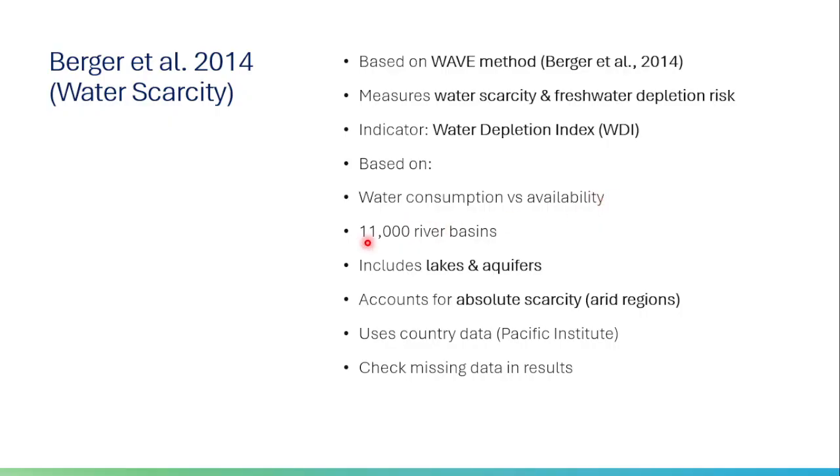It covers over 11,000 river basins and includes water from lakes and aquifers. It also accounts for absolute scarcity in arid regions, providing more realistic results.